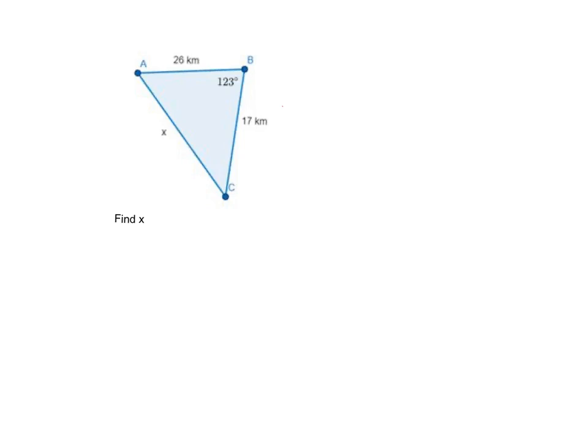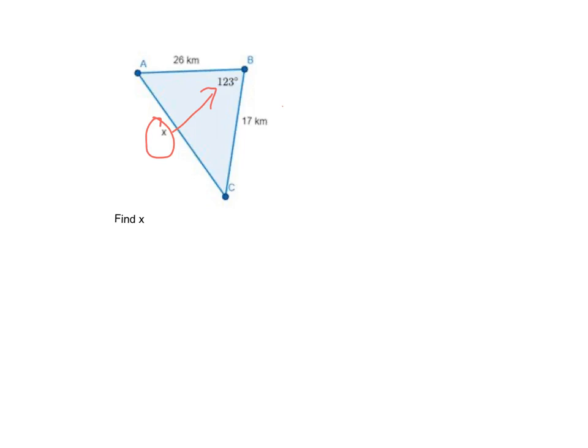So the law of cosines tells me, I'm trying to find x. That's going to be the one I want alone on the side, and this is going to be the cosine at the end that I'm going to use.